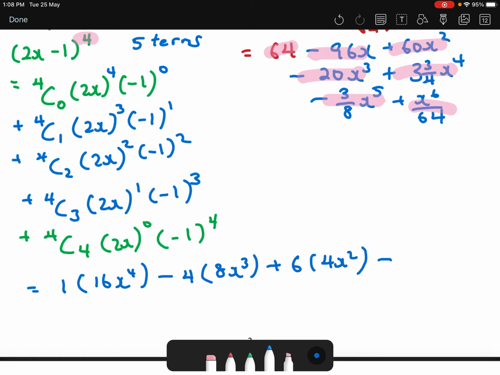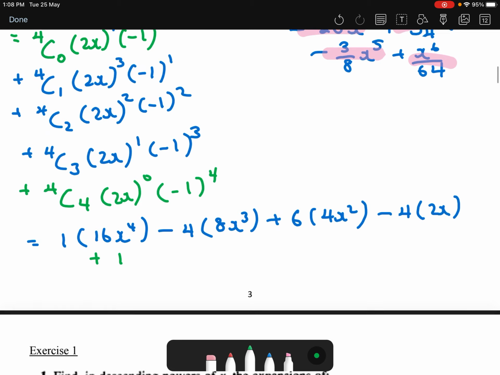Minus 4 choose 3, 4, times 2x. Last term, 4 choose 4, 1 multiplied by 1, so it's just 1. Simplify: first term, 16x to the power of 4. Second term, negative 32x to the power of 3. Third term, 24x squared. Fourth term, negative 8x. Last term, plus 1.